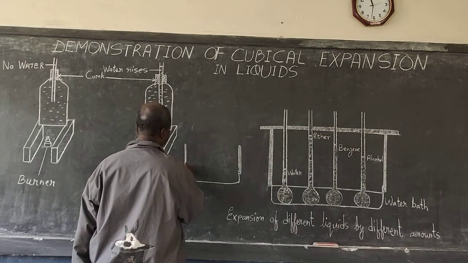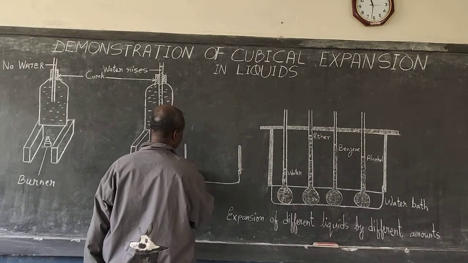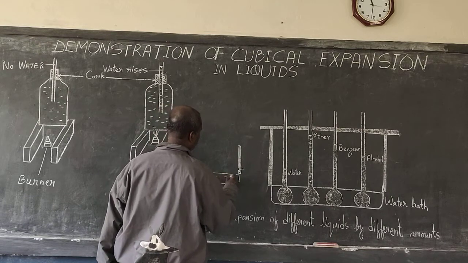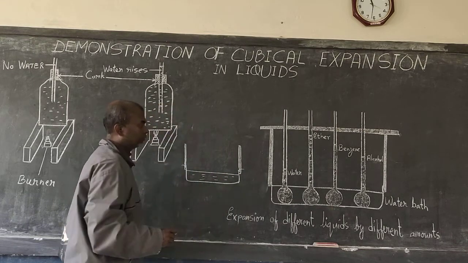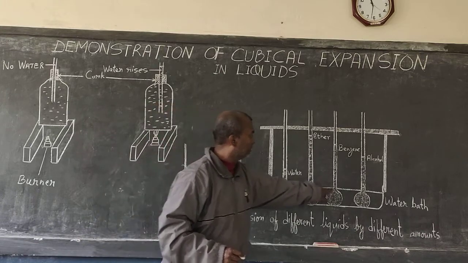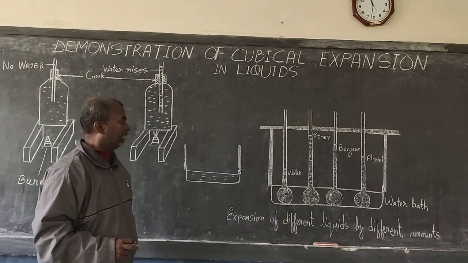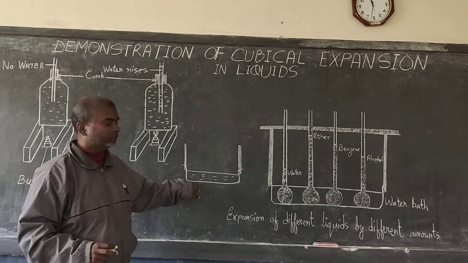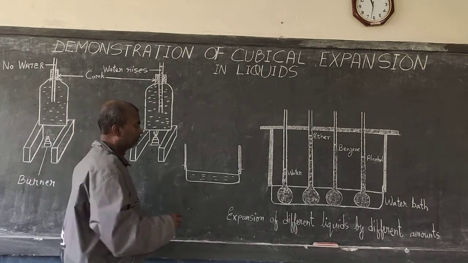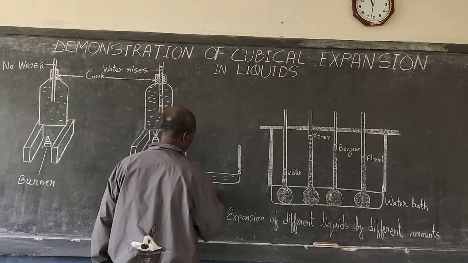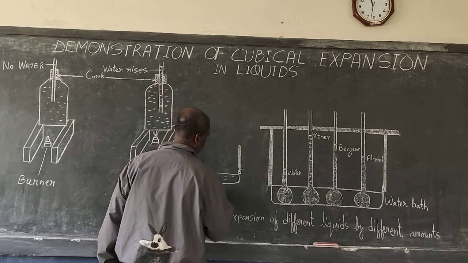This is the container of the water bath. Here, water is put, and you can see the level of water. Not just plain water, but hot water. So this water is made to heat up.